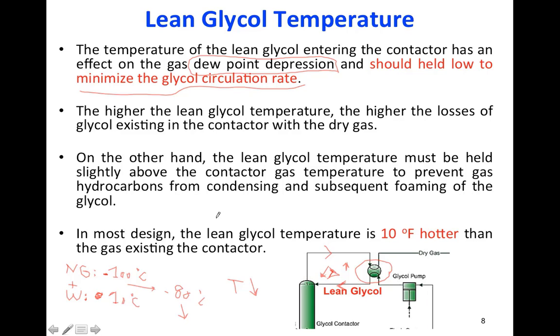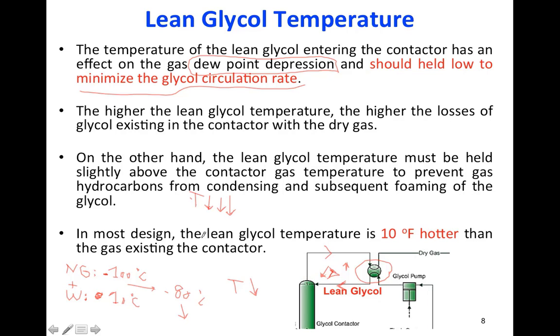And also, as I said, we cannot bring this temperature too low, okay? Because if we make it too low, we can condense some of this hydrocarbon, some of the natural gas. We can condense it, and it will go to the glycol phase, which we don't want. We want only the water to go to this glycol.